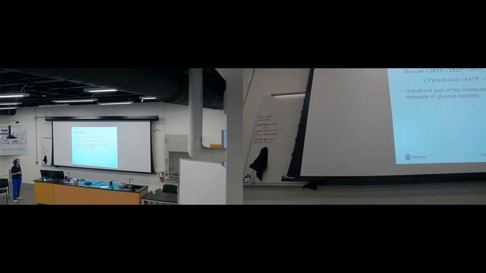So overall, the net gain will be 2 ATP molecules for each molecule of glucose that is oxidized. That's very little. So then this pyruvic acid is going to enter the Krebs cycle. So that's all.